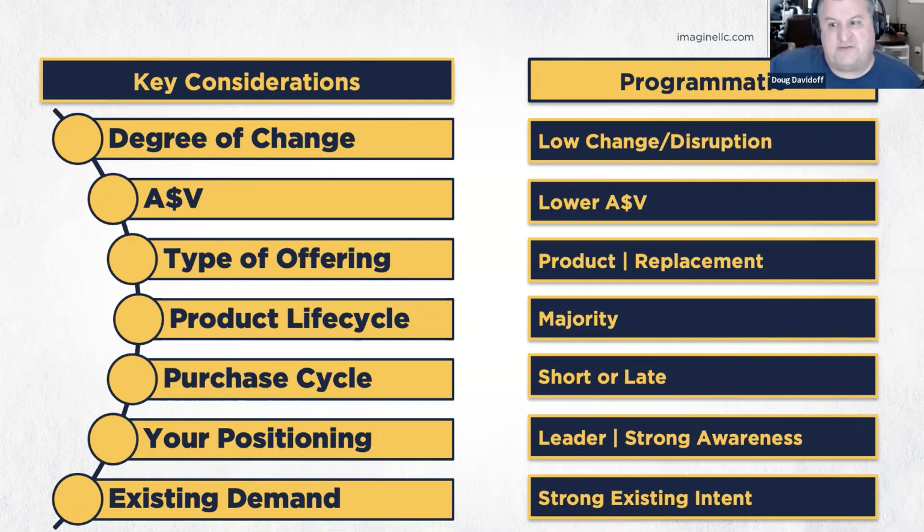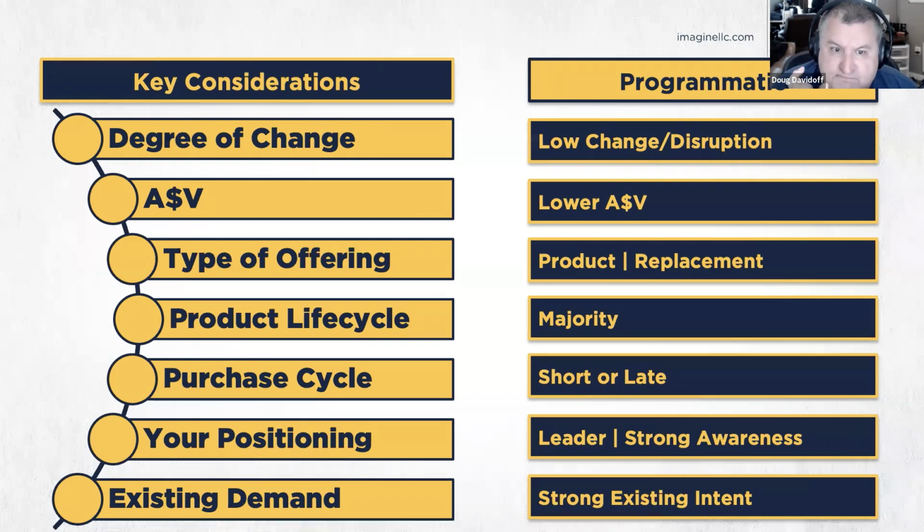The higher ASV you go, the less likely sales development is really going to drive a result for you. One of the primary benefits of Salesforce to the small and mid-market was that by going to the cloud and going to a subscription fee instead of buying the software product up front, you could move from a capital expense to an operating expense. It was a lower annual average sale value.